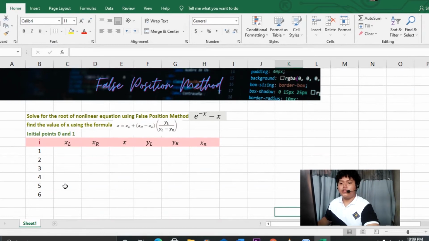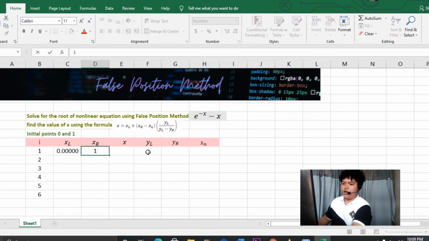So, solve for the root of the nonlinear equation using the false position method. And here is our equation, e raised to the negative x minus x. Our initial points are again 0 and 1, and to find the value of x, we will use this formula. So first, putting our left and right limit, left will be our 0, and right will be 1.